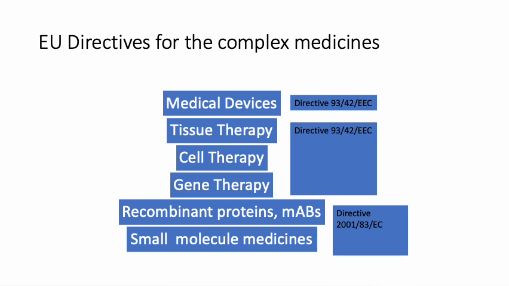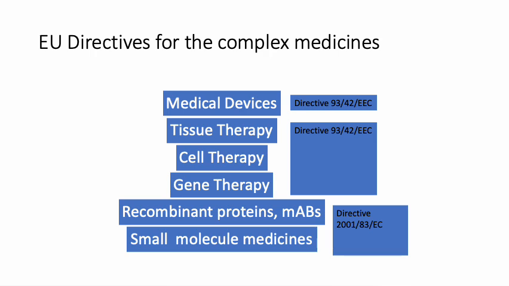Compared to small chemical molecules, biologicals have a much more complex structure and a much more difficult manufacturing process. As there are many different classes of biological medicines, such as those shown on the slide, there is no one-size-fits-all rule for both the data which is required to authorise a medicine and how clinical trials to gather this data should be designed.